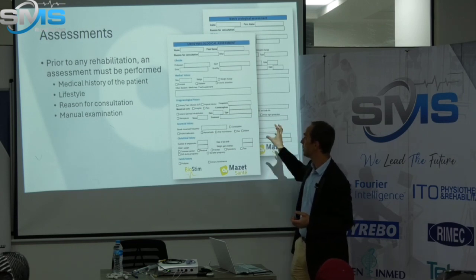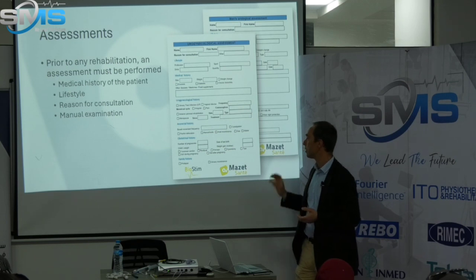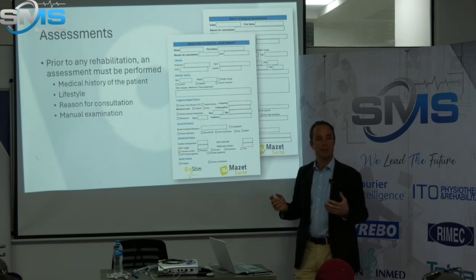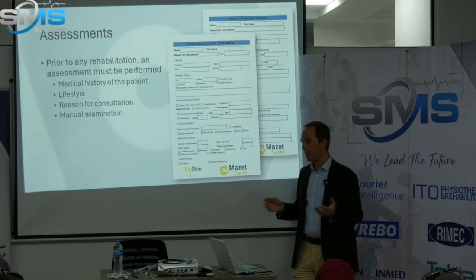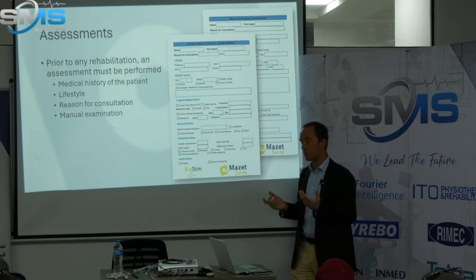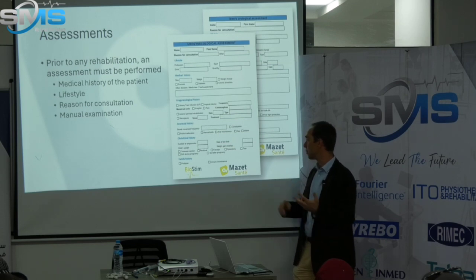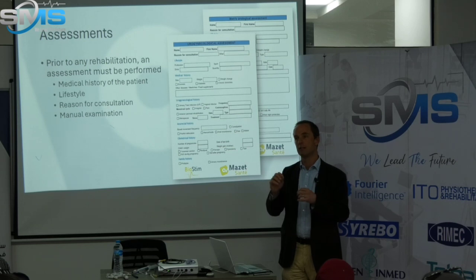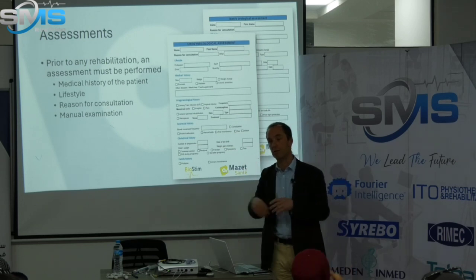What is her urogynecological history? And obstetrical history, of course. How many children did she have? Were there some problems during birth, forceps, epidural, episiotomy, or whatever? Because knowing this, you can have a first idea of what the problems could be.